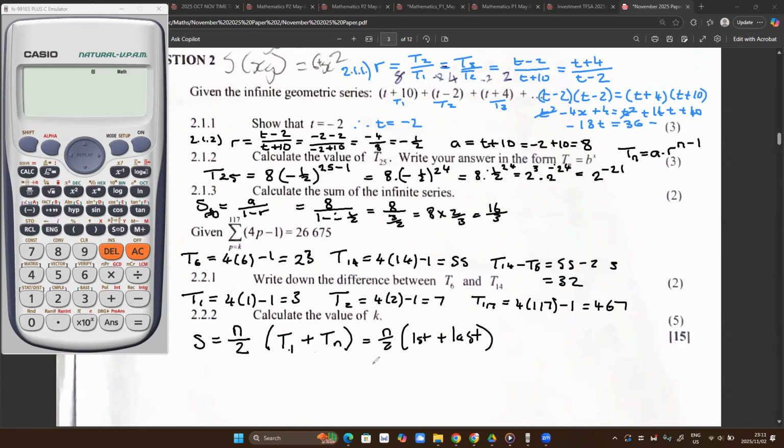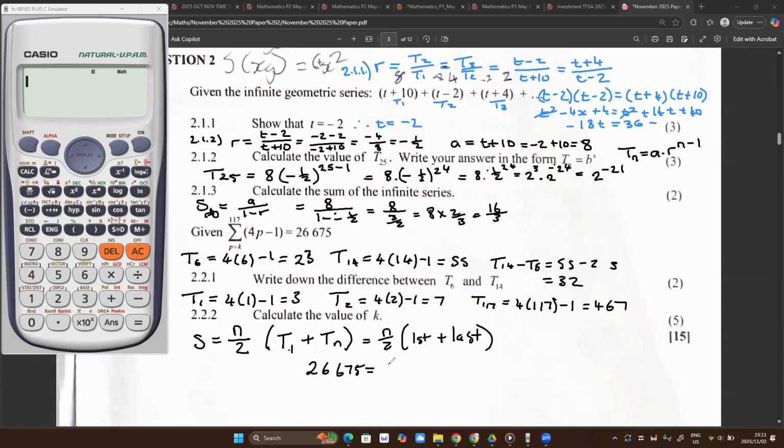Okay, and so now we can get this, right? So we can say that this whole sum, they tell us, is 26,675. That's the sum.